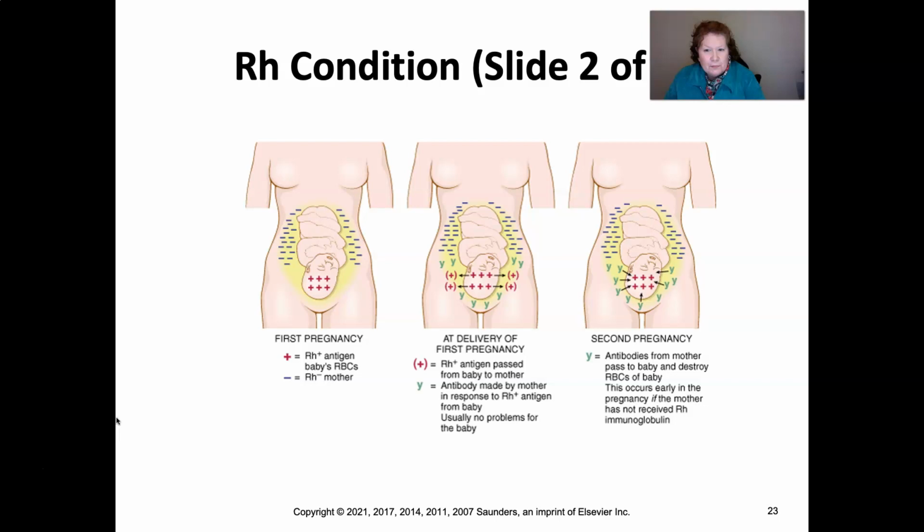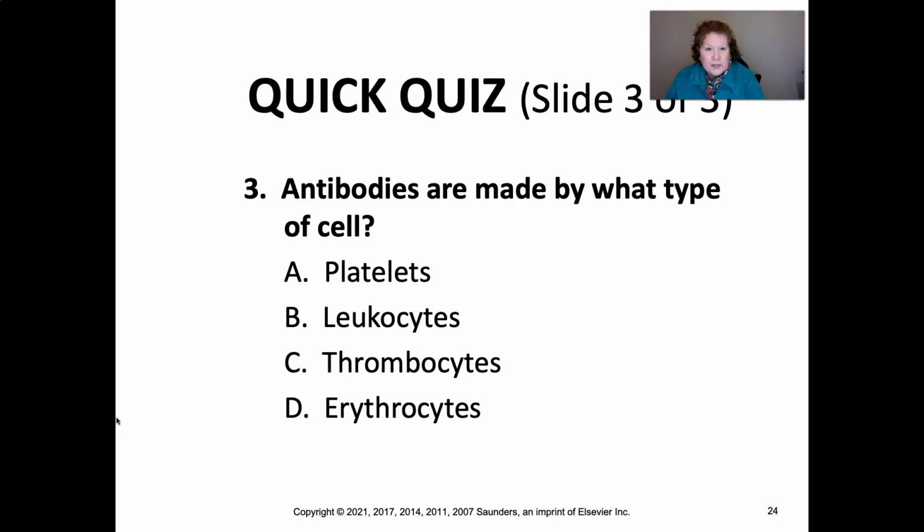It's in the second pregnancy that it attacks the baby, because of the time in between to develop those antibodies. The antigen has reacted. So antibodies are made by what type of cell? Think of those white blood cells, those warrior cells.